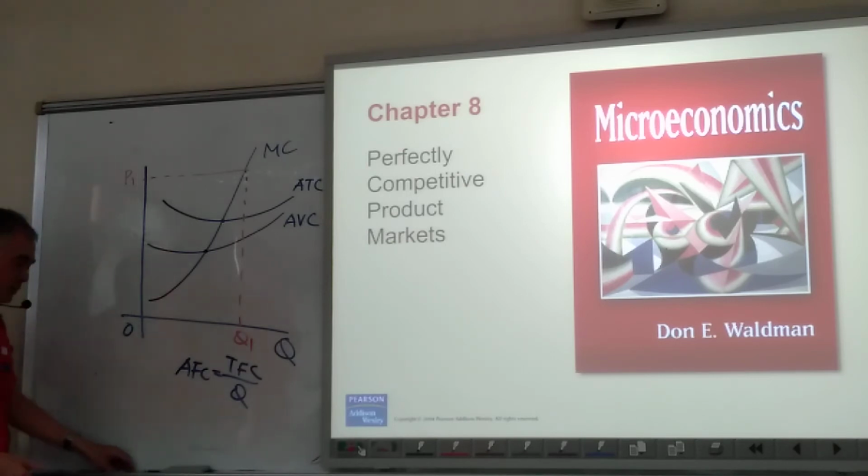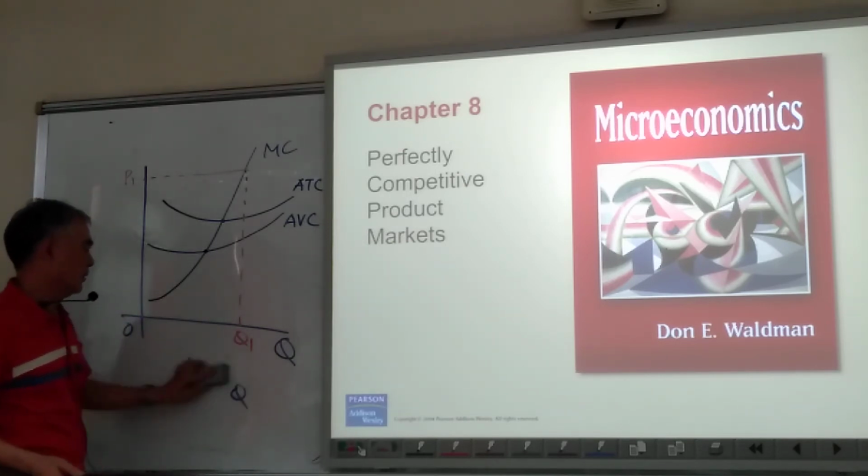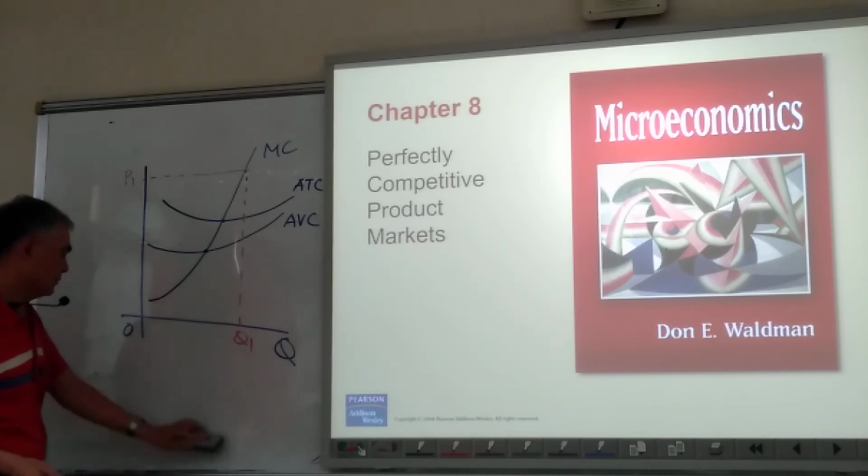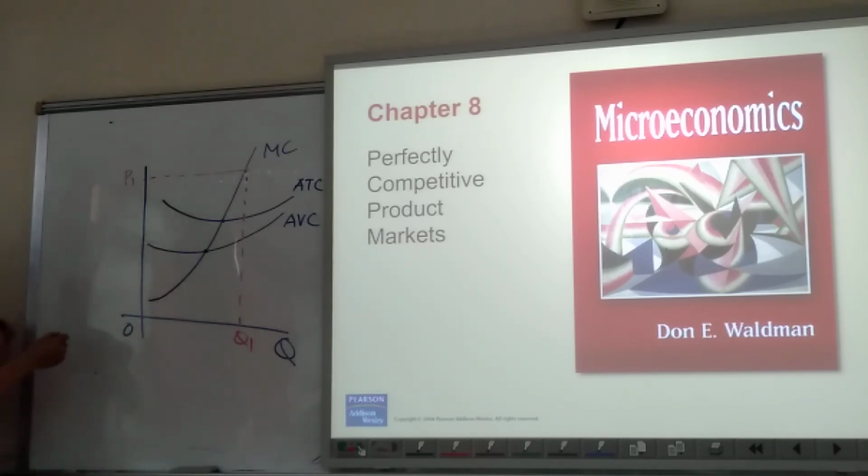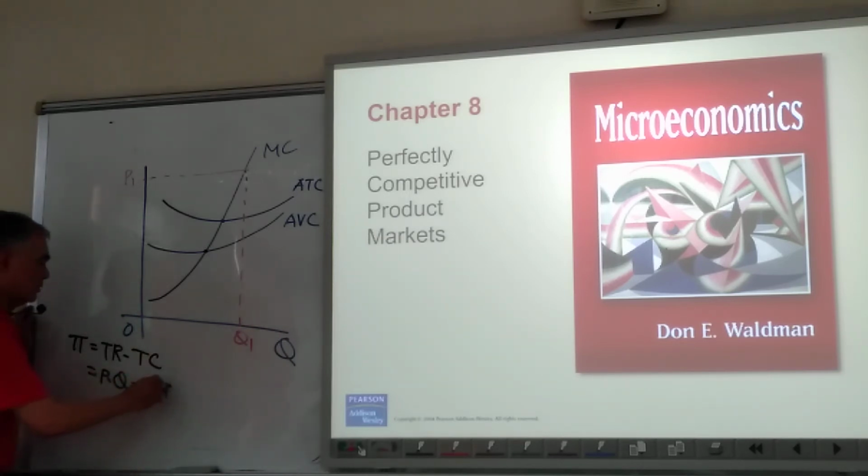If you want to know whether it makes profit or has a loss, how are you going to look at it? Pi is equal to TR minus TC, right? Okay, so what is this? P times Q minus Q times ATC. Oh, sorry.